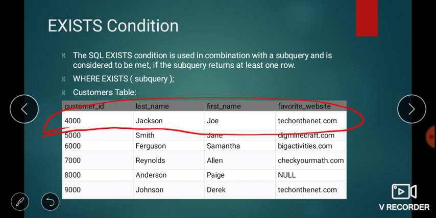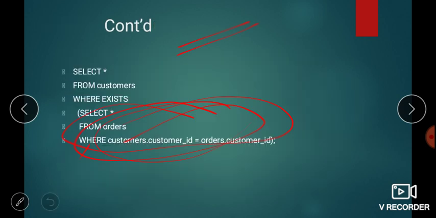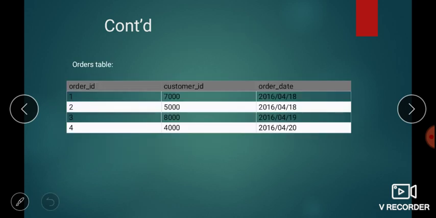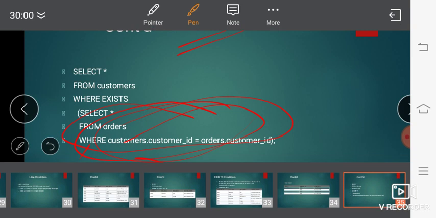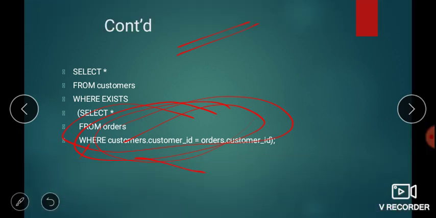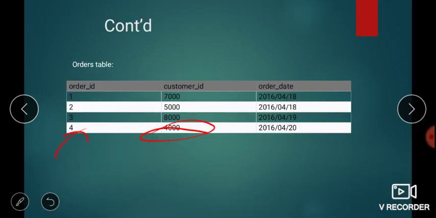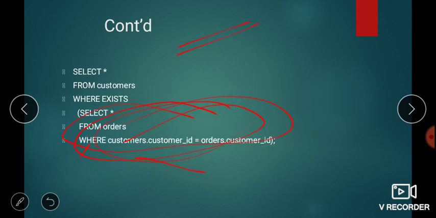What is the customer ID? 4000. So we select star from orders where customer ID is equal to orders.customer_id. Right now it is 4000, so we see where it is 4000. This is 4000, so this condition is true and this row will be selected.